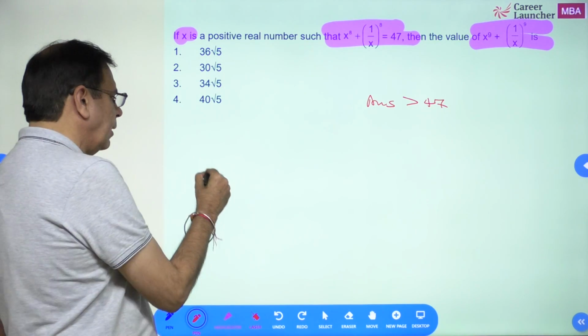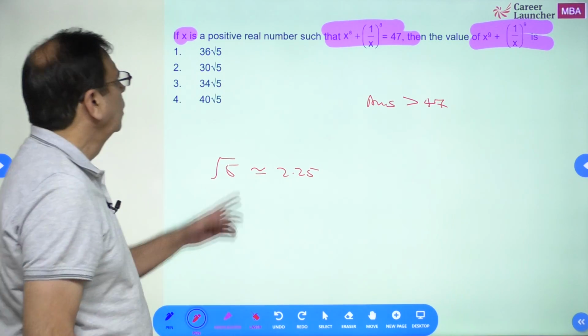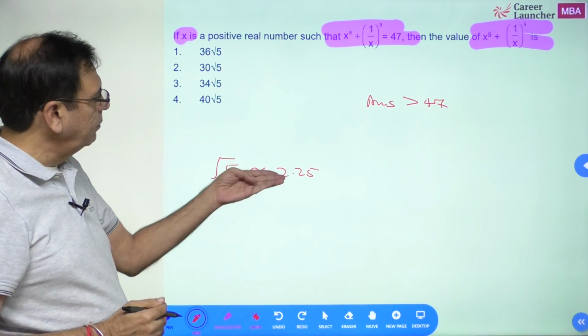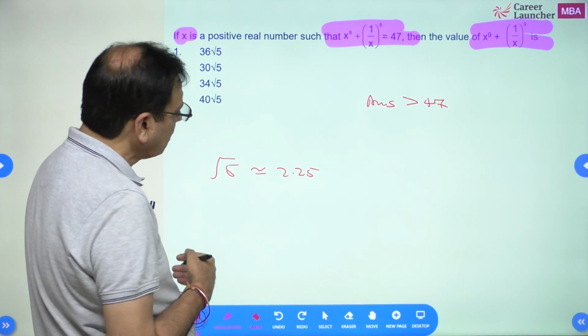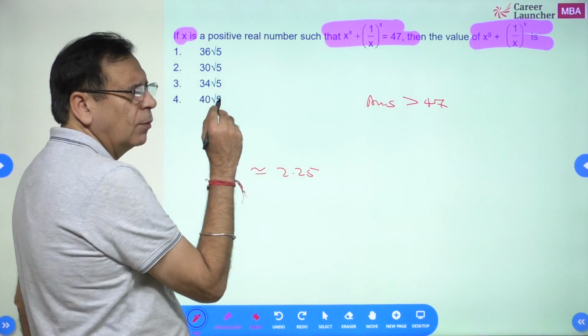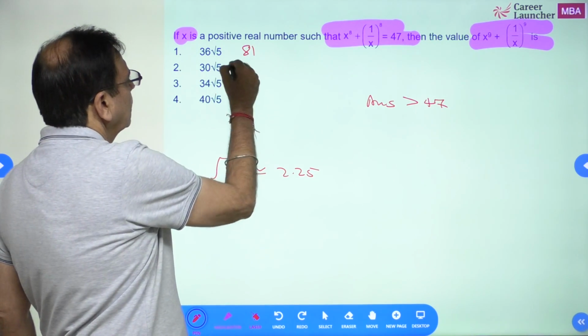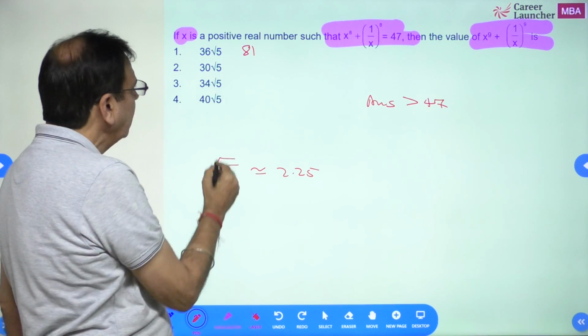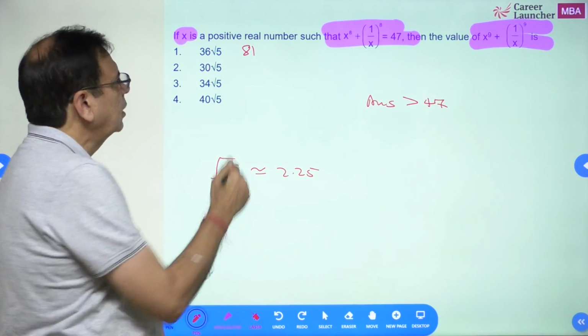What is under root 5? Under root 5 मुझे मालूम है approximately 2.25 होता है. So what is this? 36 into 2.25, 36 into 2 is 72 and 36 का 1/4 हो गया 9, so 81. Okay, and 30 root 5, 30 into 2.25, 30 into 2 is 60, 67.5.